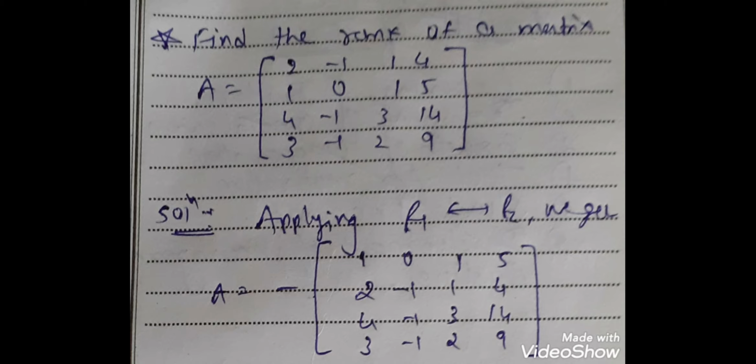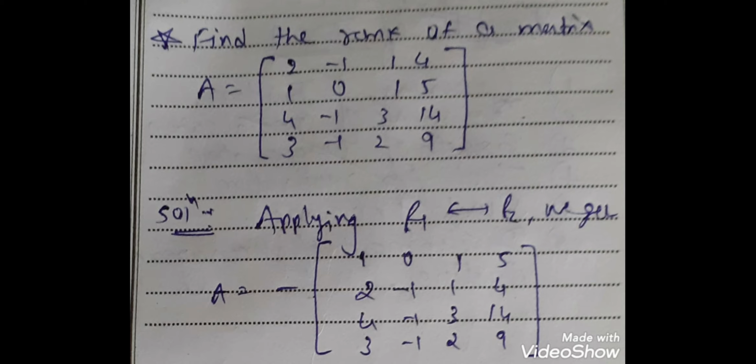So we multiply the first row by minus 2 and add into the second row, then we get the elements of the second row: minus 2 plus 2, 0; minus 1, 1 into minus 2, so minus 2 plus 1, that is minus 1; and 5 into minus 2, minus 10 plus 4, that is minus 6. So 0, minus 1, minus 1 and minus 6.